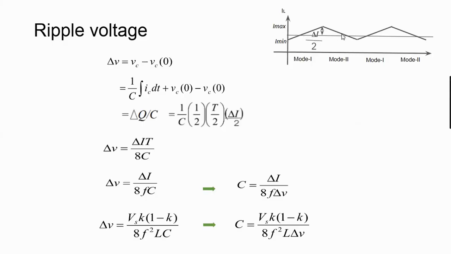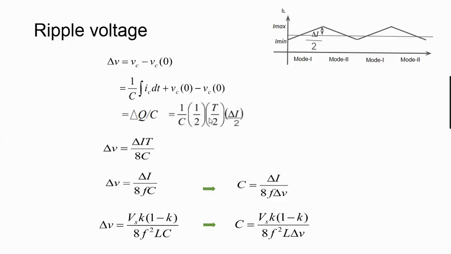For this portion, if we find del Q, this length is nothing but del I by 2, and this base width is approximately equal to T by 2. So by applying the triangle area formula, we get the del Q expression.